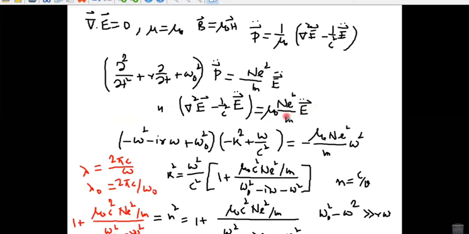Now consider a plane electromagnetic wave polarized along the x direction.